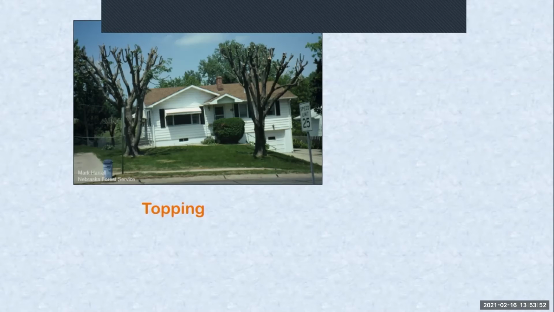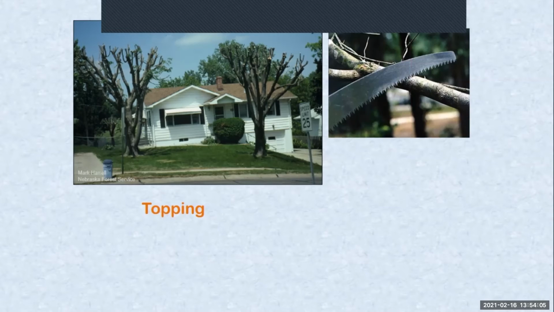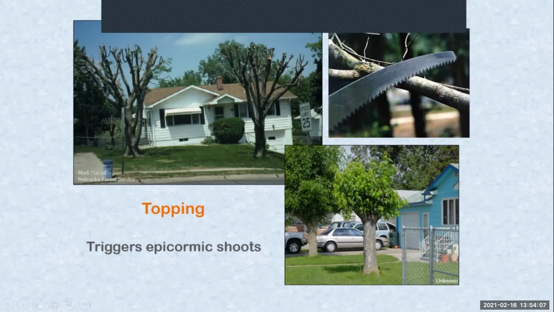And some of that injury could be topping. Topping is a serious problem in trees. It's a bad practice. And what it tends to do is initiate or trigger epicormic shoots in a tree. Topping is when you're cutting through a branch right in the middle of the branch.